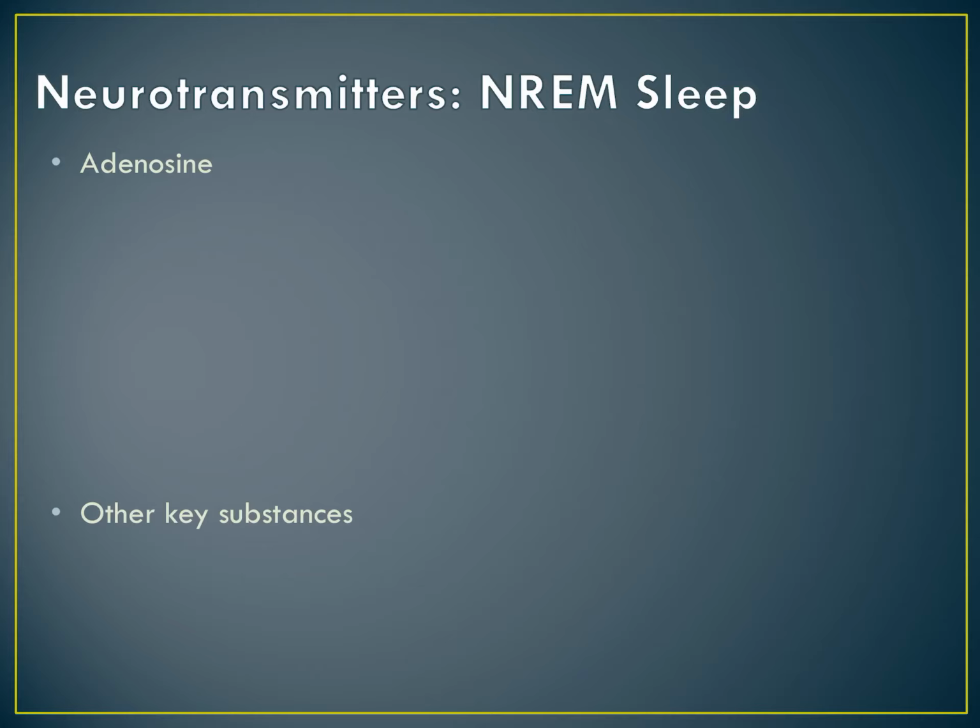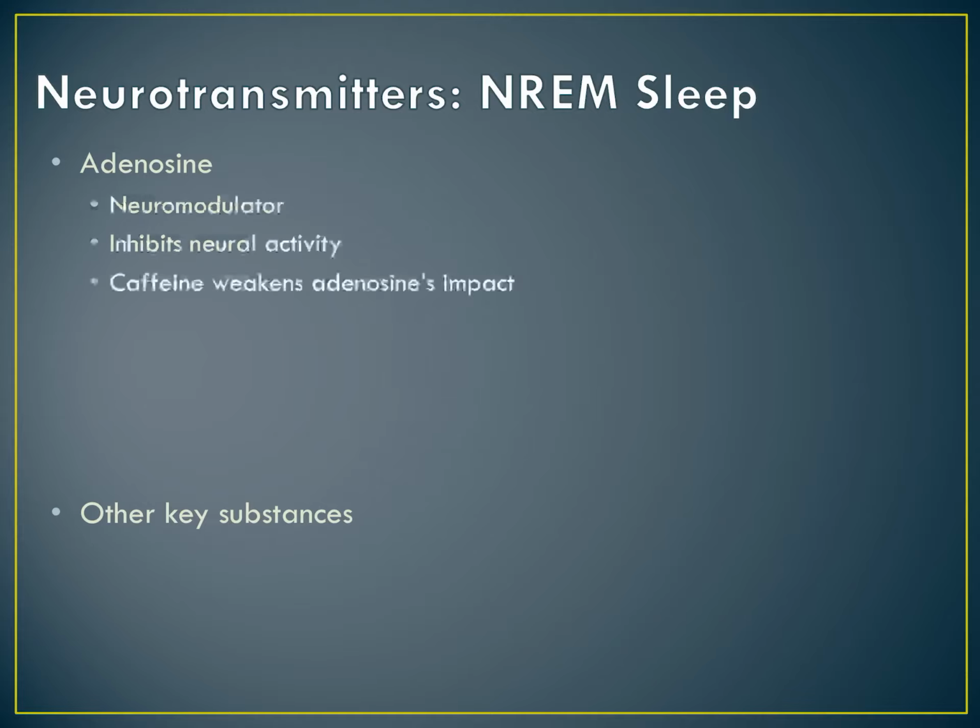Now, another chemical important for non-REM sleep is adenosine. An easy way to remember adenosine is by thinking about caffeine. Adenosine is a neuromodulator, and it helps to inhibit neural activity. It helps make us sleepy. It quiets the brain.